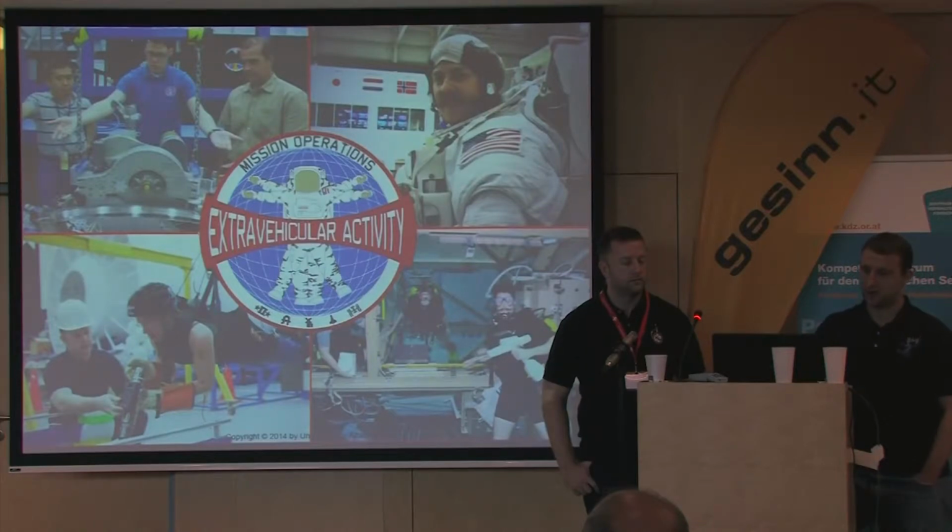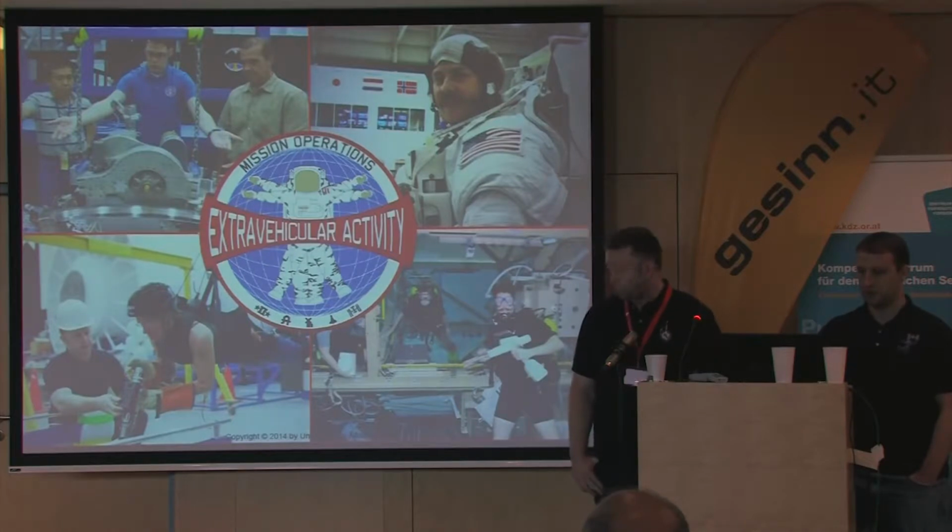Additionally, you see Scott there in the top right in spacesuit. He's about to go underwater. We get to do that occasionally. Most of the time, we end up working with the astronauts as they go underwater in the spacesuit.